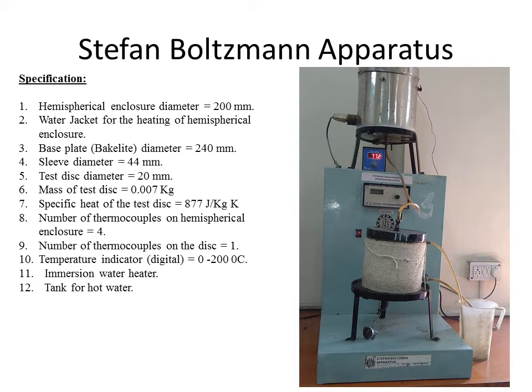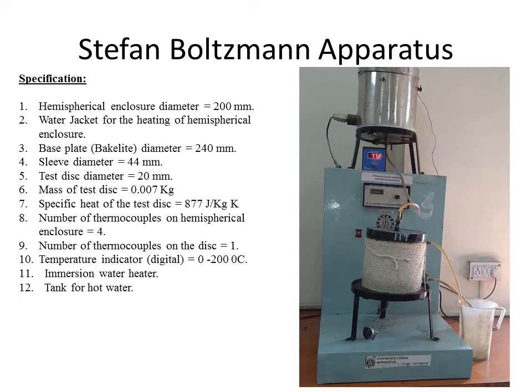is 240 mm, sleeves diameter 44 mm, test disc diameter is 20 mm, mass of test disc is 0.007 kg, specific heat of the test disc is 877 joule per kg Kelvin.